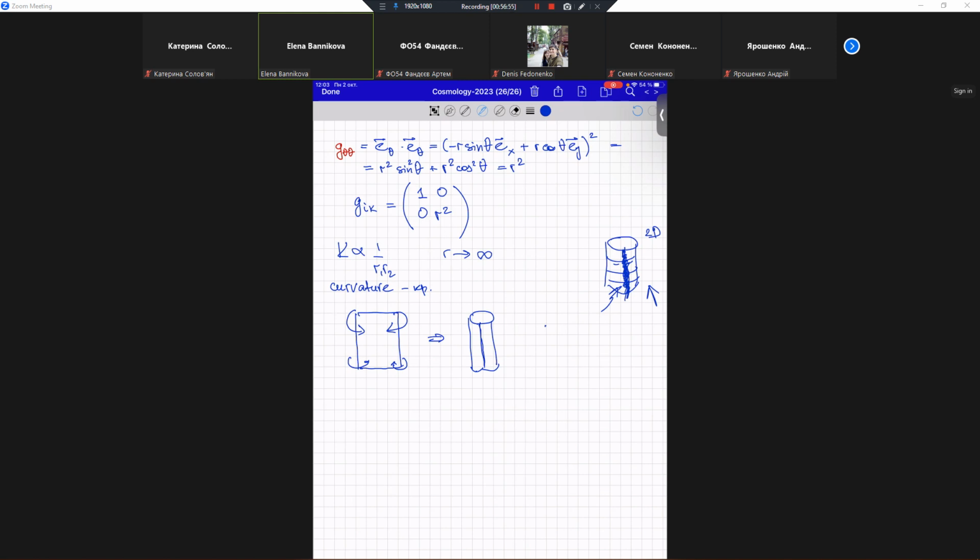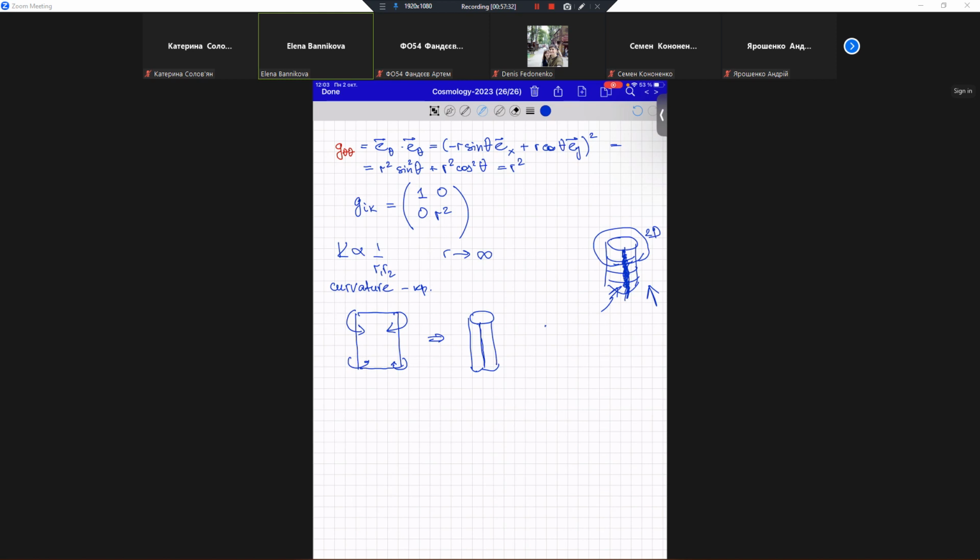In principle, it's looking like a part of a spherical surface that you can walk around without any problems. So it looks like a circle. In principle, intuitively, we can put the definition such that a surface is curved when it can be decomposed into a plane without extension and cuts.